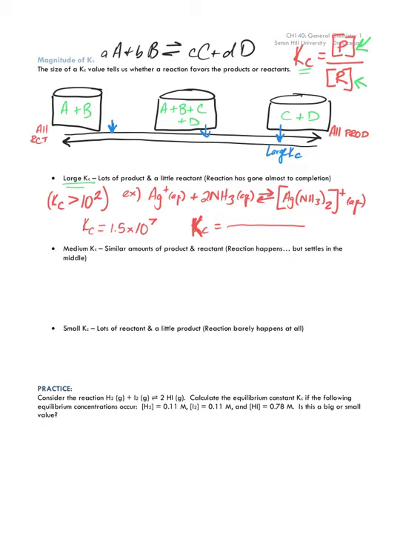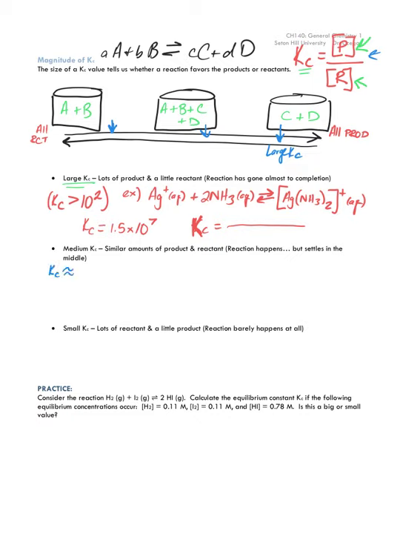A medium Kc value would be something that sort of equally favors product and reactant. So if we think back up top to our equation, if we have sort of equal amounts of product and reactant, then we're going to get a value of Kc that's relatively close to 1.